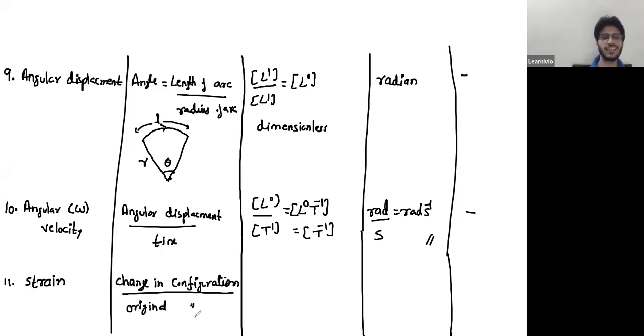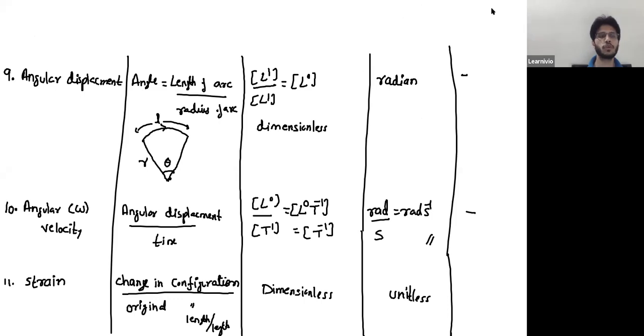So this is just length by length. Can you guess the dimensions? Zero, L0, dimensionless. So strain is a dimensionless quantity. It's even unitless. There is no unit of strain.